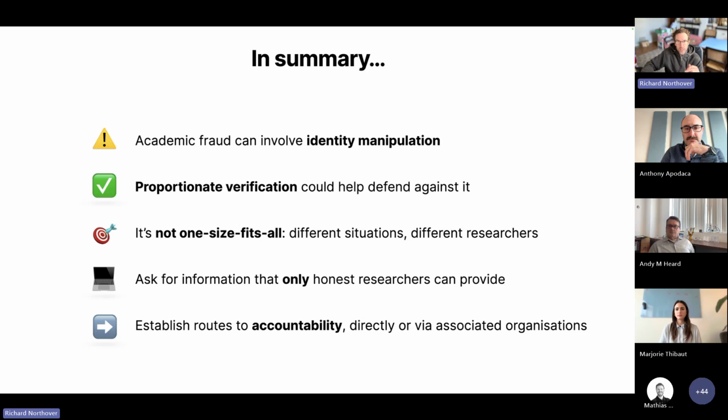So just a final summary and takeaway. Identity manipulation can be a big part of academic fraud. Verification is about getting evidence to help tell the difference between legitimate researchers and those who are acting dishonestly. Remember that there's variability here. We don't need the same level of trust all the time, and can't rely on there being a single way to verify people.